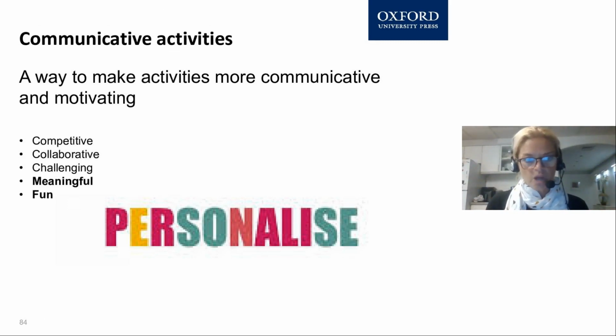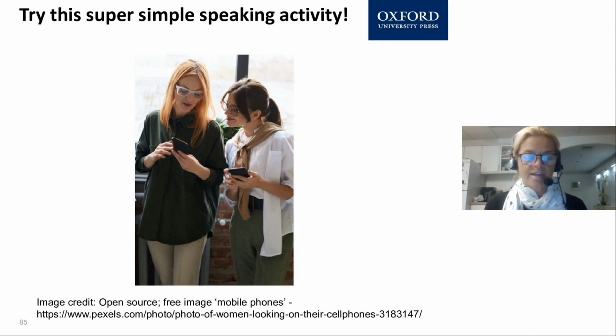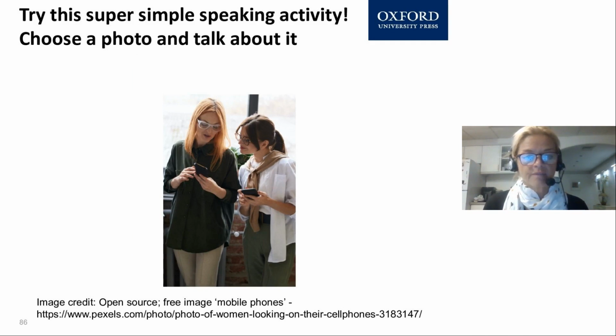So I wanted to show you an activity that is super simple. It doesn't take any preparation. And it involves learners using their mobile phones, which they are normally obsessed about doing.